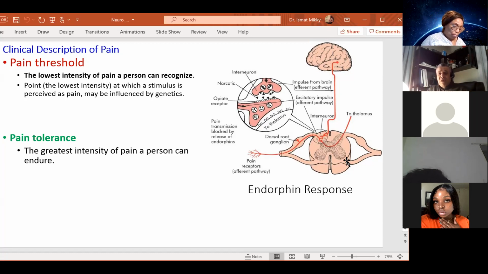Sometimes you see in certain cultures that it's not culturally or socially acceptable for the male to complain of pain or even voice that they are suffering from pain. So cultural perceptions can have an influence on that pain tolerance. There are also gender differences, in addition to physical and mental health.